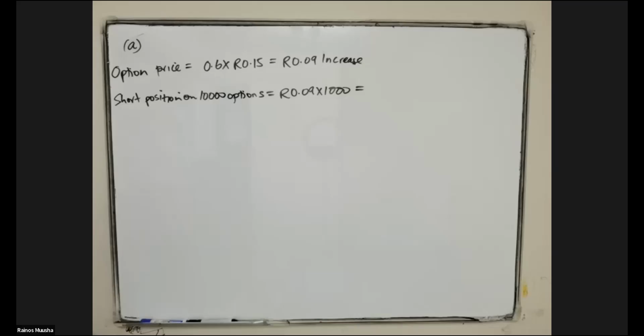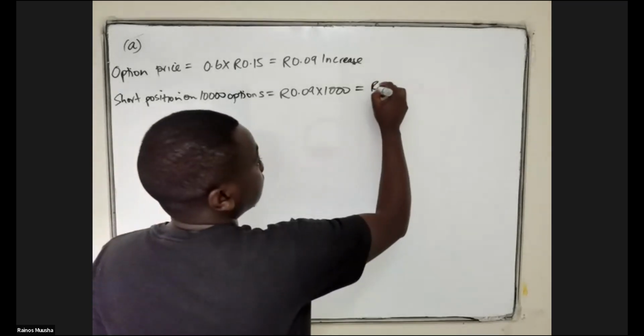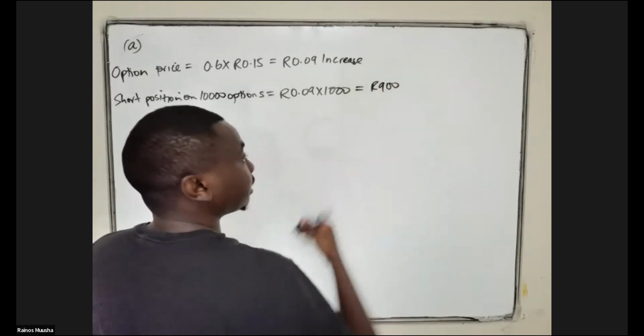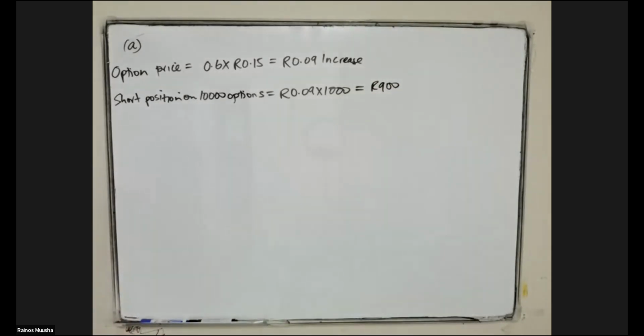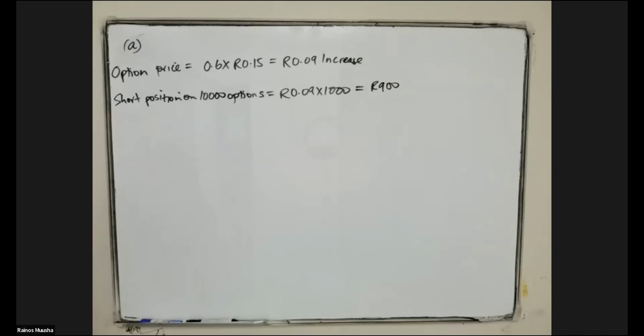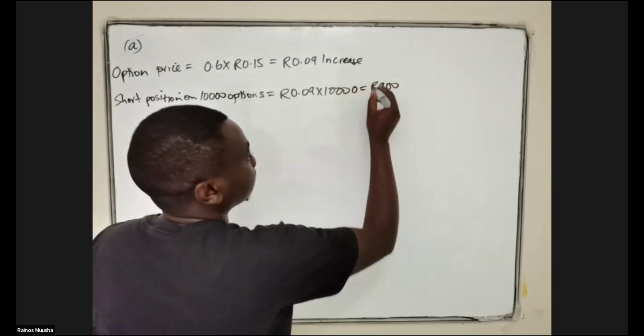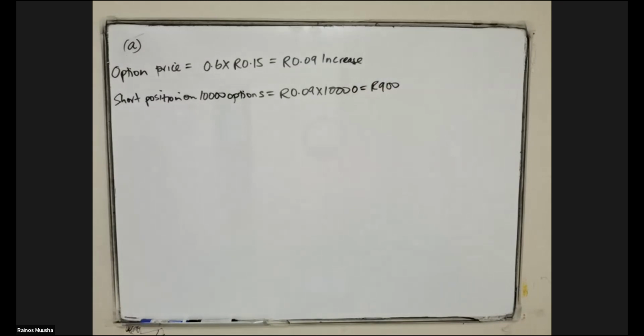So you end up with an amount of 900. Is it 10,000 or 1,000? It's supposed to be 10,000.